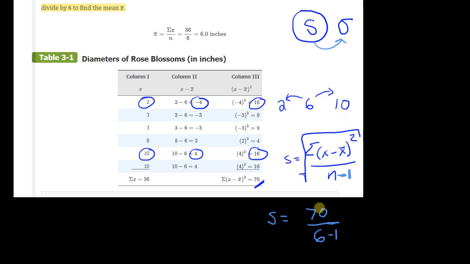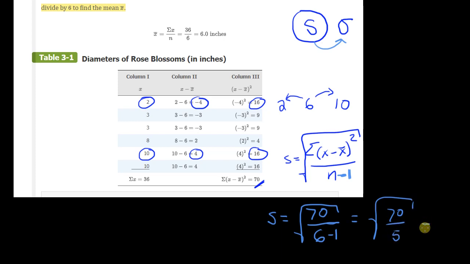Okay, so there's kind of a nuanced detail there, and we don't get into it in an introductory statistics course. If you go on and learn more about statistics, they'll talk about why that is minus 1. But here we just go ahead and accept that it's minus 1. Okay, and then take the square root. So this is the square root of 70 over 5.